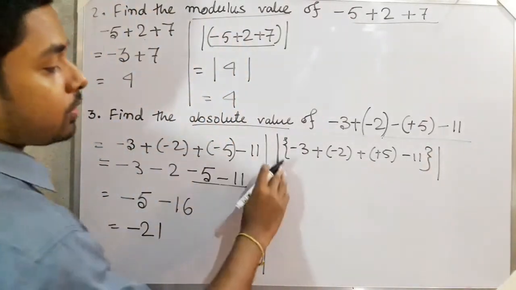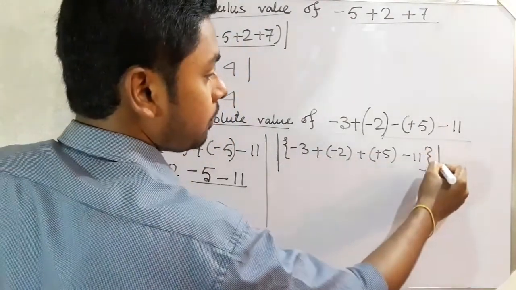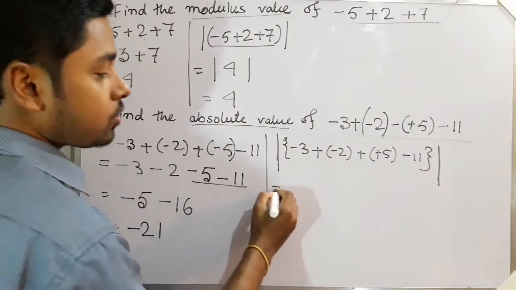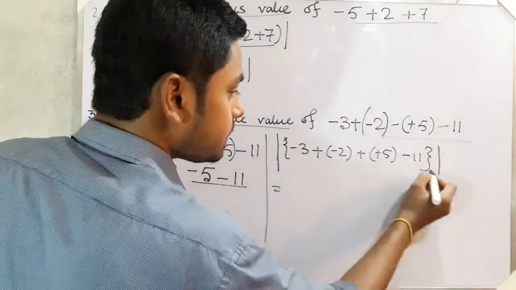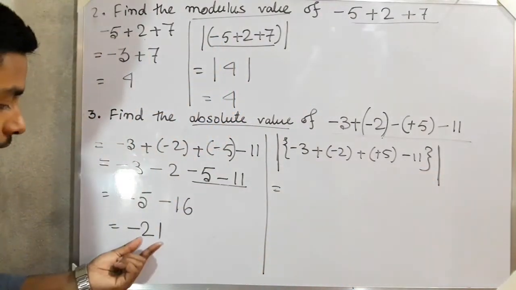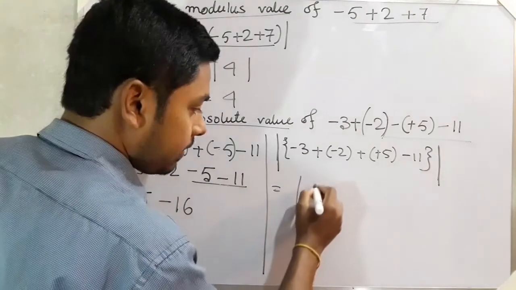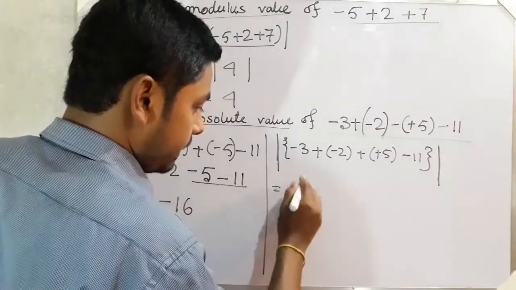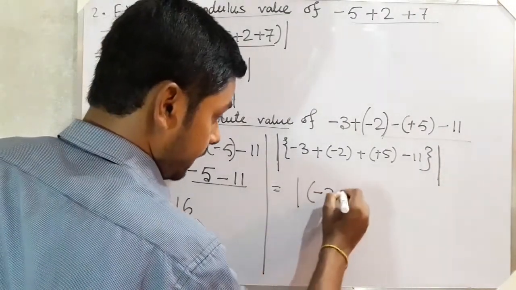We have to find the modulus value of this thing. So we have got this value, minus 21. So we can write it as minus 21.